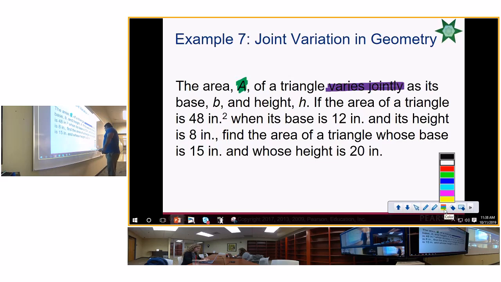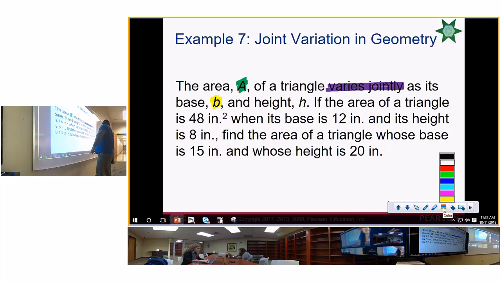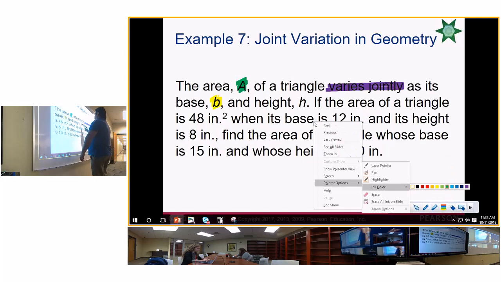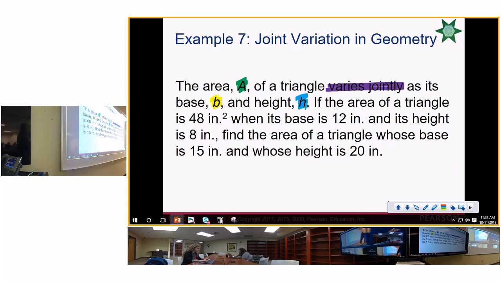And this is yellow. And this is green. No. Let's go with that light blue. Carolina blue.